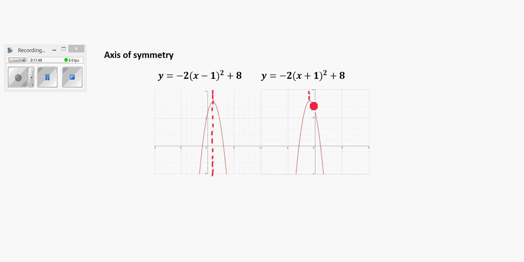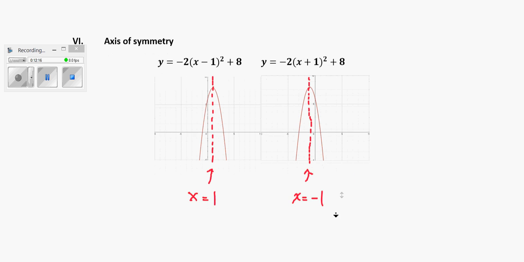And on the second one, it's going to be that dotted line there. The equation of this first line is going to be x equals 1, because all the way along that line, x is always 1. This dotted line, x equals negative 1.